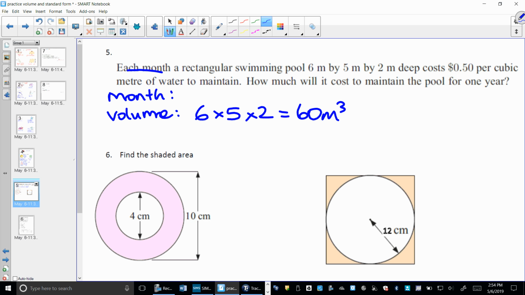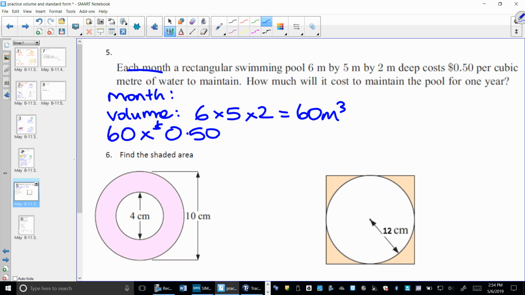Okay? It says it costs 50 cents per cubic meter. Well, how many cubic meters do we have? 60. So how are we going to find the cost per month? 60 multiplied by 0.50, yes? Dollars.